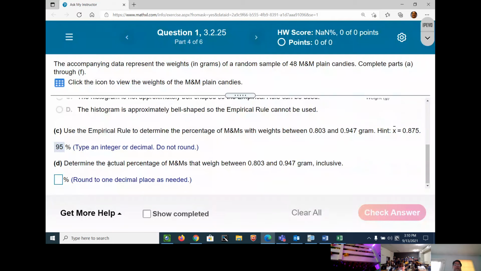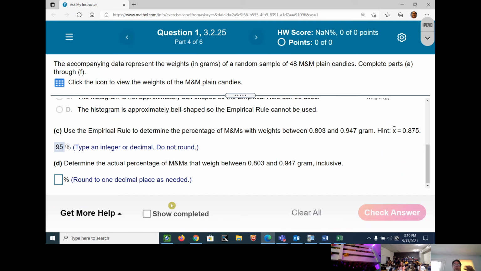Determine the actual percentage. Somebody tell me what the actual percentage is. What percentage of all of the weights are actually in that range? How are you going to find that number? The number of weights in that section divided by all of them? 48.